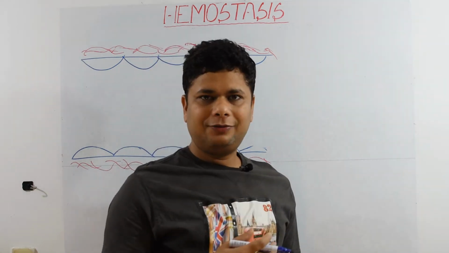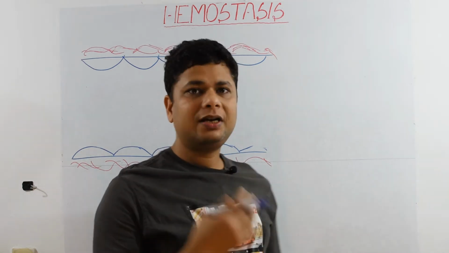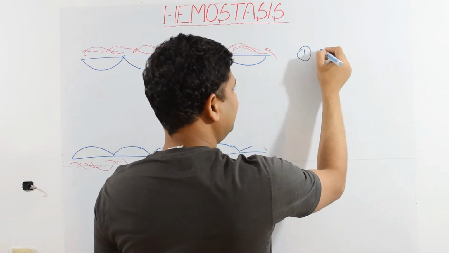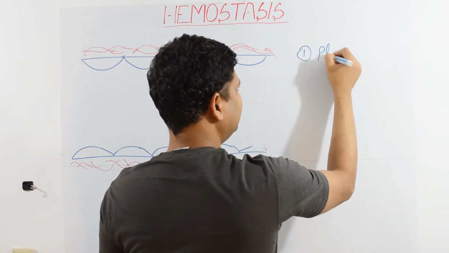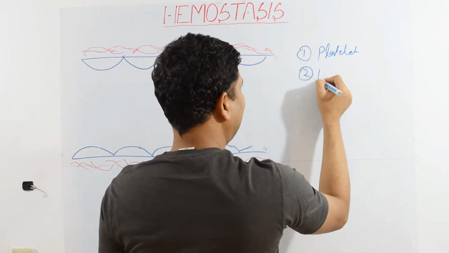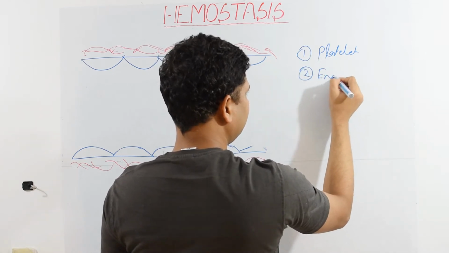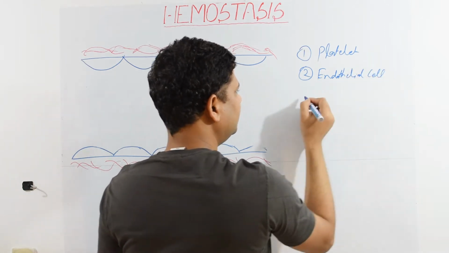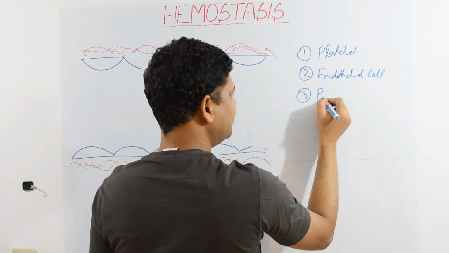For blood clot formation or hemostasis, what are the components we need? First component is platelet. Second, endothelial cell. Third, plasma.